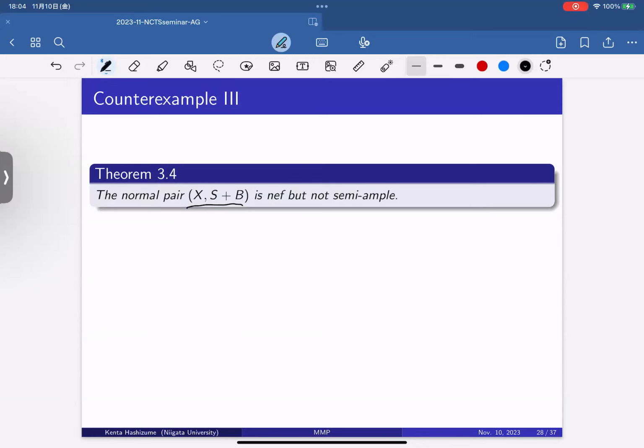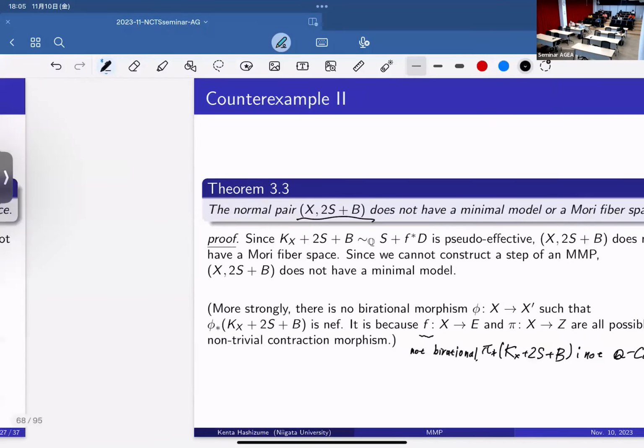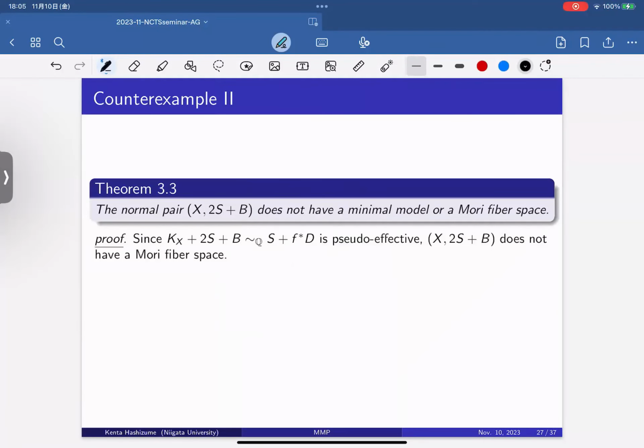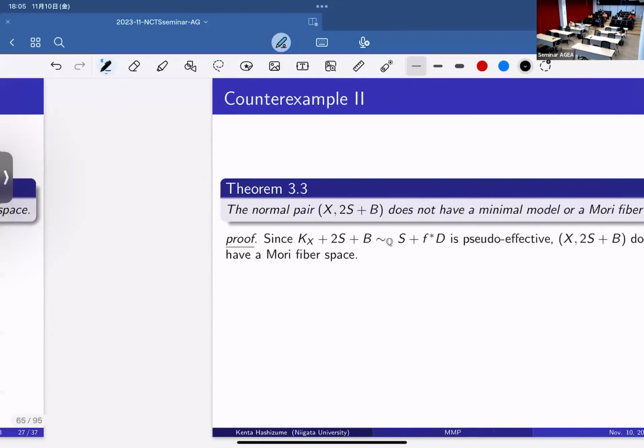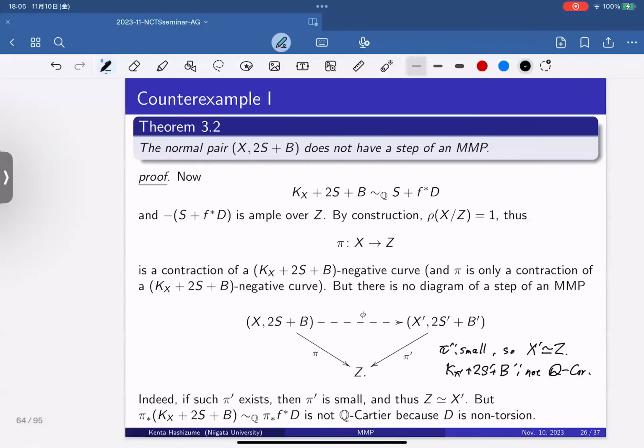So many arguments in the KLT case cannot be applied to the LC case. So MMP for LC pairs is much more difficult than the MMP for KLT pairs. So basically we need to be more careful about the boundary part in the LC case. Yeah, exactly.